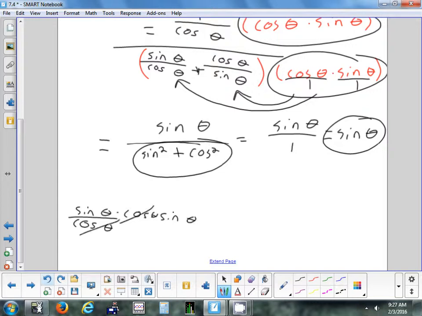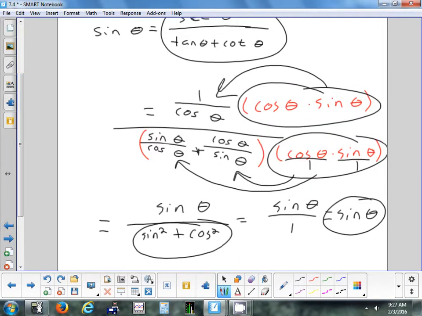Yep, the cosine and the sine are both in the top. So that gives you sine times sine, and then it's similar in the second one. Big thing, make sure you remember that you distribute it to both.